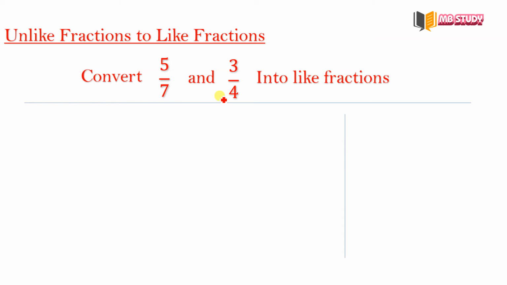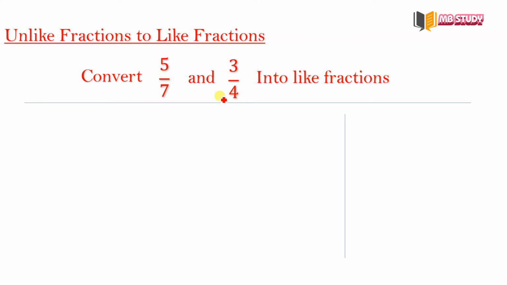Now our task is to make these denominators equal. There are two methods: multiplying the numerator and denominator with respective numbers, or finding the LCM. By using these two methods, we can make the denominators equal.